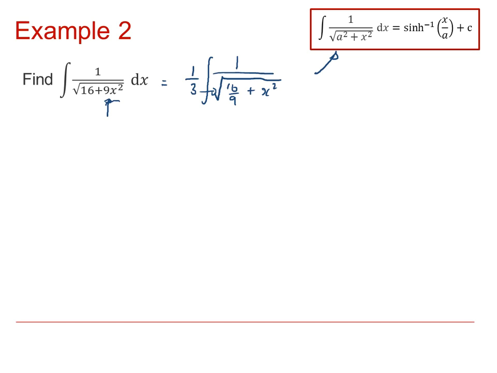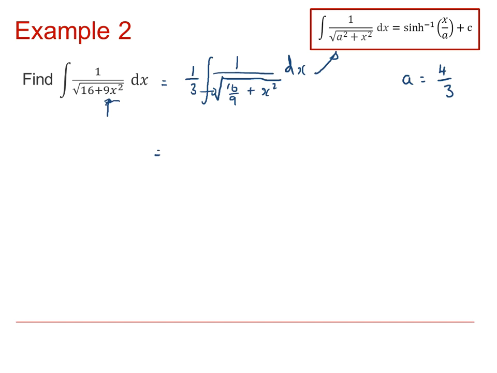Now we have something which is exactly the same as our standard formula, where we can see that a is equal to the square root of 16 over 9. In other words, it's the square root of 4 over 3.